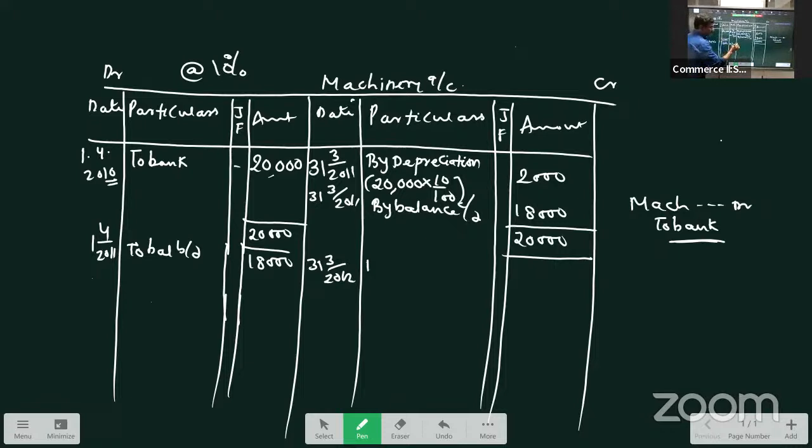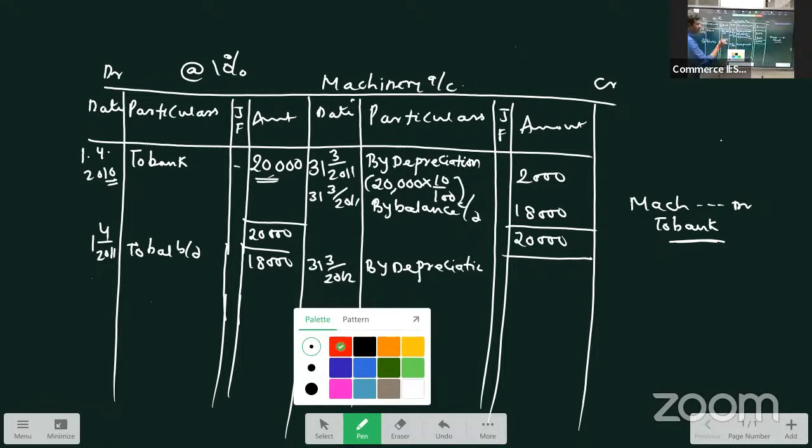Again, we have to provide depreciation. Right? Remember, under the SLM method, straight line method, original cost method, fixed installment method, it is one and the same. Under this method, depreciation is always calculated on the original cost. What is the original cost? It is 20,000, isn't it?